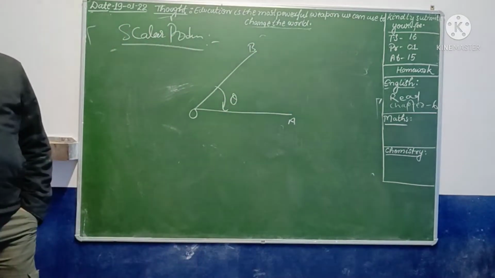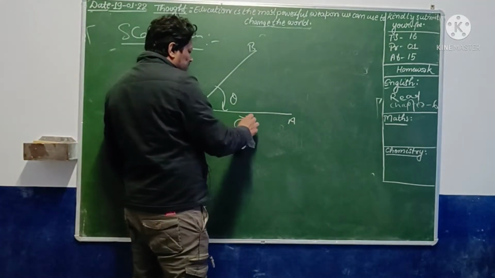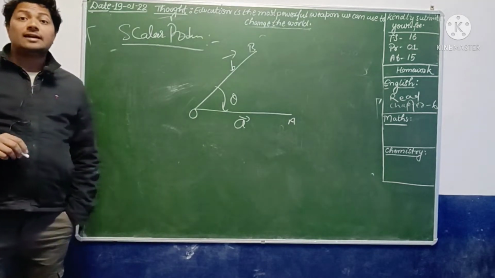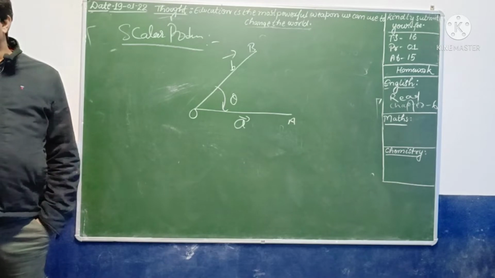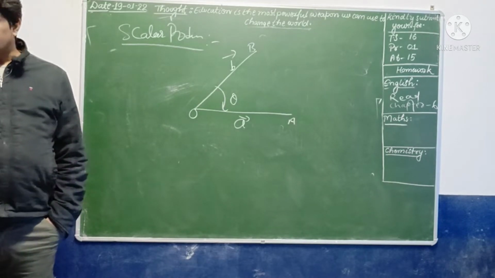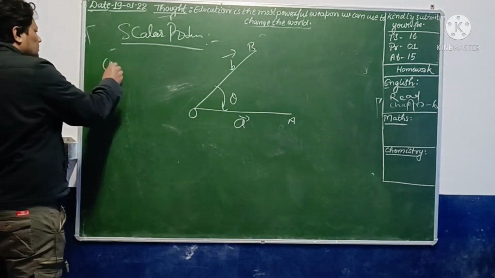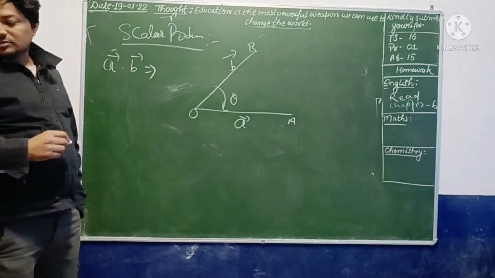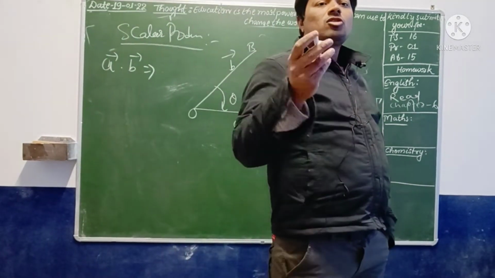Now, you can take the vector A here and the vector B here. OA is equal to vector A and OB is equal to vector B. So according to this, if you talk about the dot product A dot B, the result is mod A mod B cos theta.